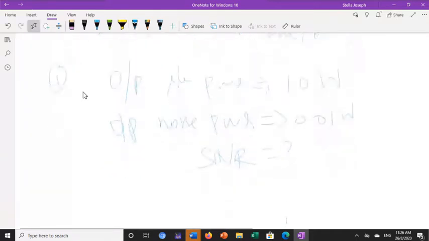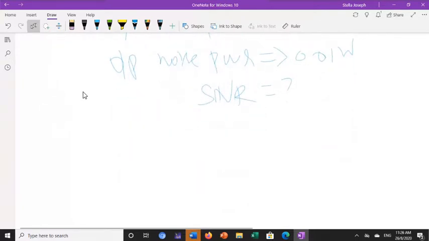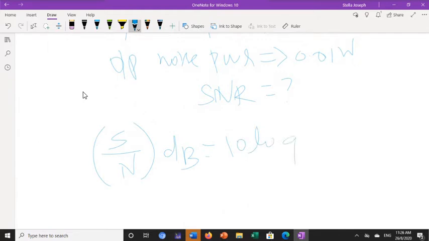So how will you calculate? What is the formula? You have to use the dB equation always. S by N in dB is equal to 10 log 10 of output signal power divided by noise power.